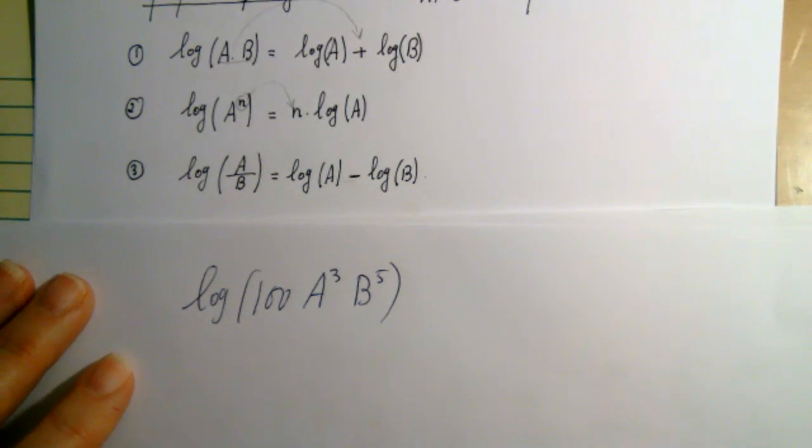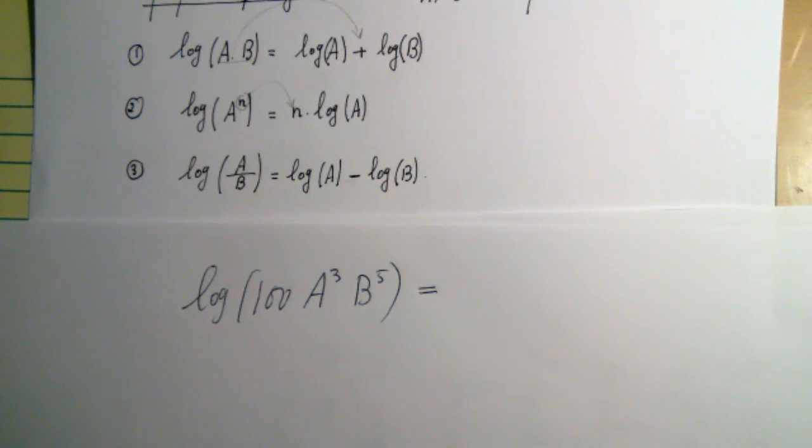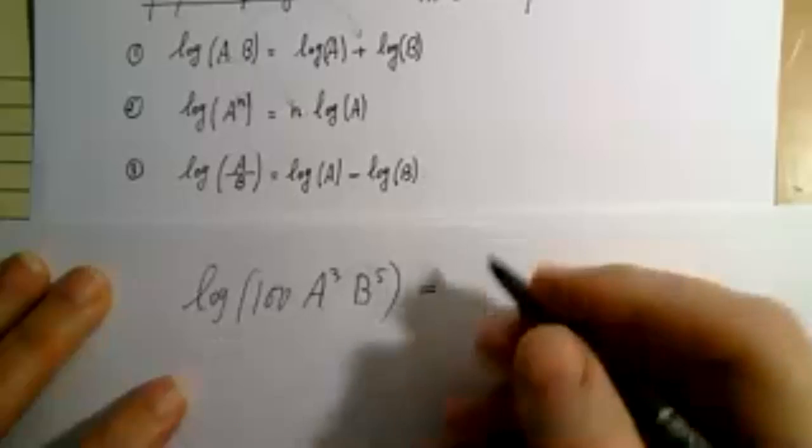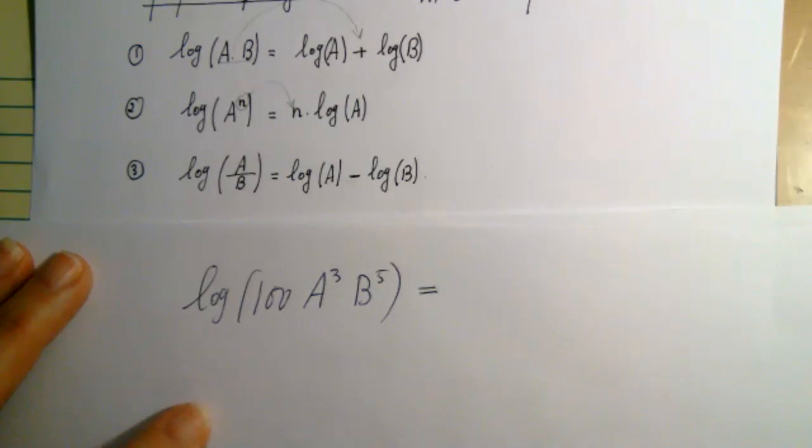Properties have to be used, and you have to go take your quiz. Would this be log of A to the third power plus B to the fifth power plus 100? Tell me what to write, so I make sure.